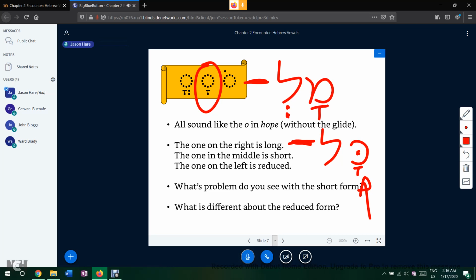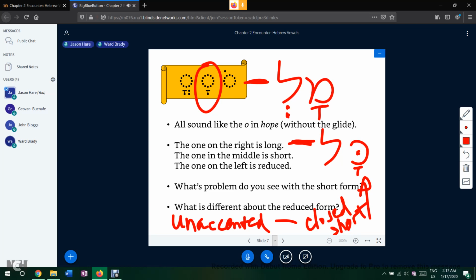You only will distinguish it by its situation. Like I said, syllables that are unaccented: if it's closed, then it's short. This is a rule I'll give you in a second. I'll make it explicit. In unaccented syllables, open, long; closed, short.